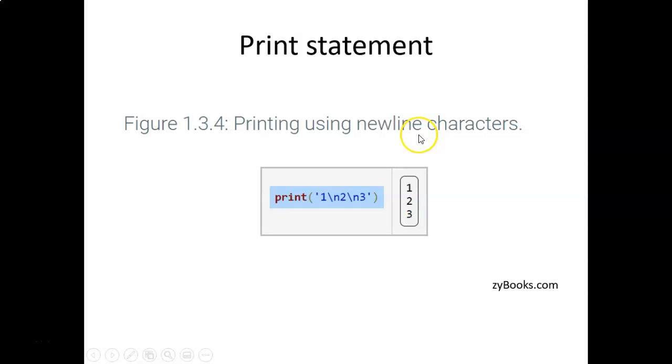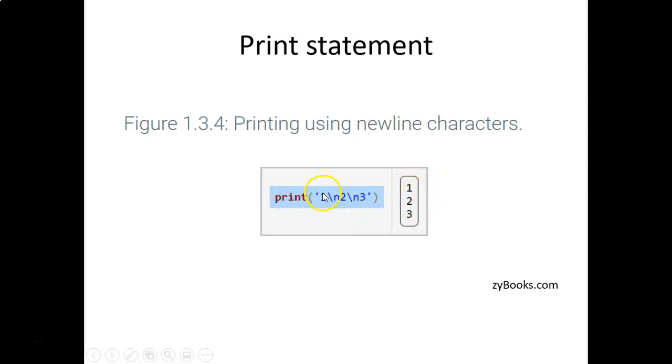We can also give additional information to our print statement so that it will behave in different ways. If we put a \n, we actually tell the Python interpreter to go to a new line.